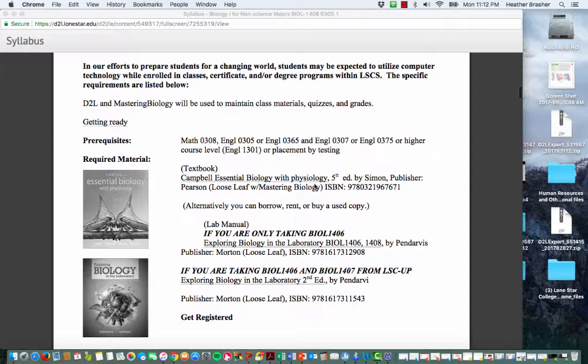So, officially, Campbell Essentials Biology with Physiology is the book that represents this course. And most instructors use Mastering Biology, and this is the first semester that I'm going to try to use this class and utilize something outside Mastering to kind of teach you a few concepts that I think will be interesting or a nice added addition to the course. So when you're in class tomorrow, I will tell you what book you can look for that's a good supplement to this class if you can't afford to get that right now.